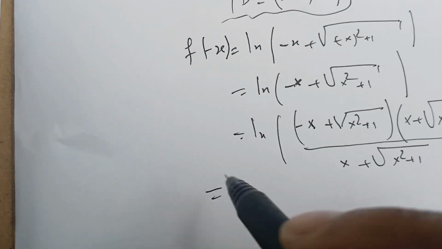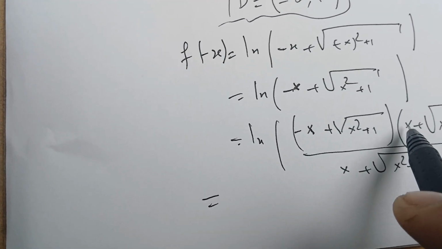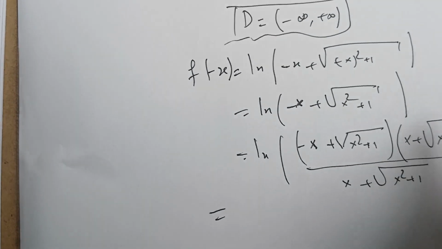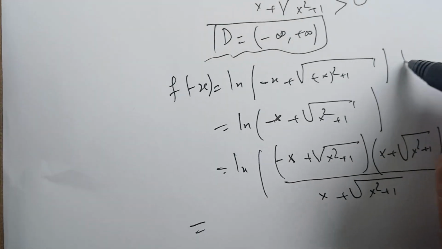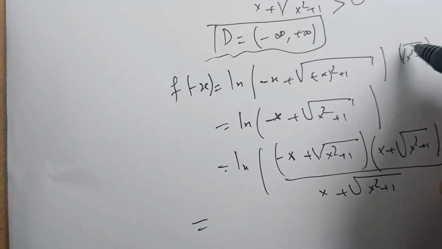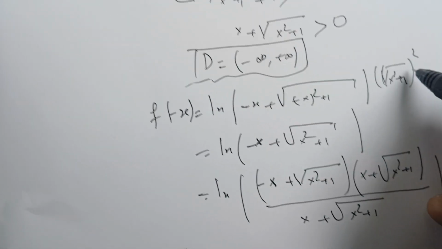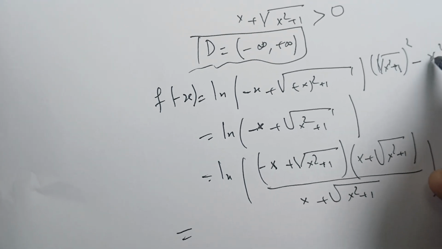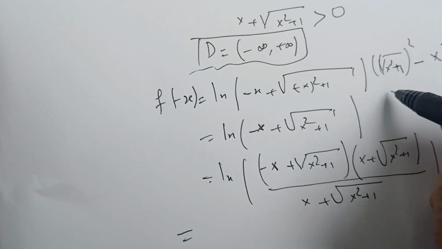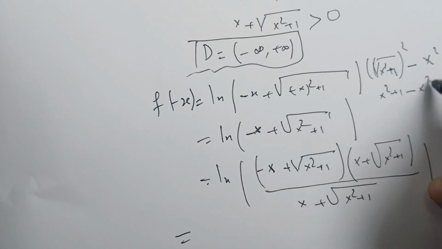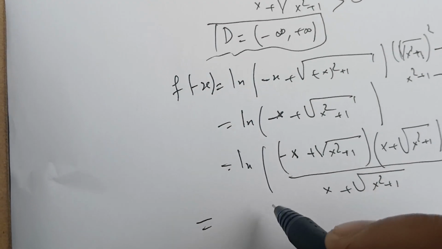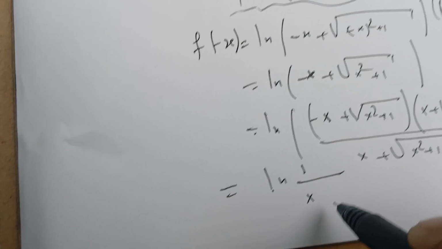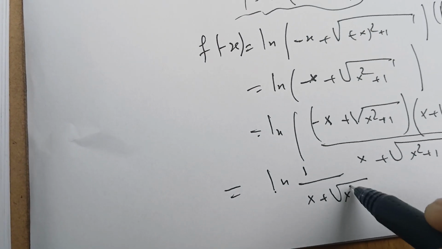Okay, once we do that, on the top we have the square root of x squared plus 1, squared, minus x squared. And since this one is always positive, we have x squared plus 1 minus x squared, which is 1. So on the top, we have ln of 1 over x plus the square root of x squared plus 1.